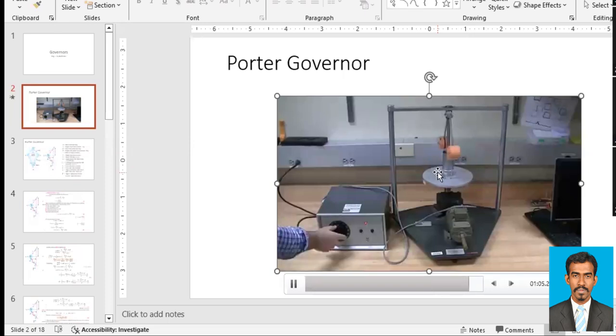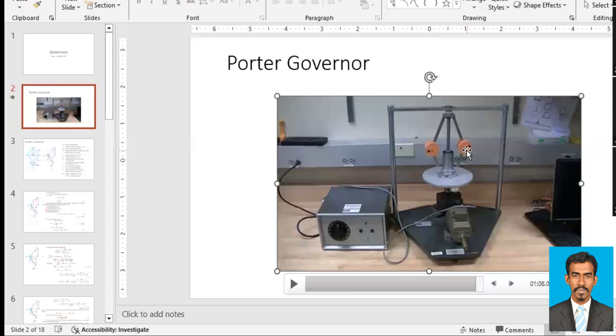So this is how the centrifugal governor works. That's why the name is centrifugal. Based on the centrifugal force, the principle is made. So when we increase the speed of rotation, the shaft rotation will increase, and therefore the centrifugal force on these two balls will increase, which will make the sleeve move upwards.